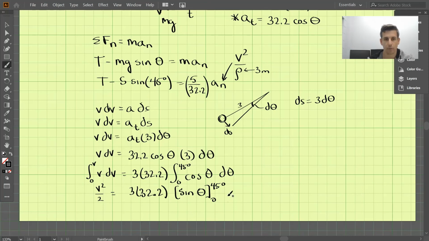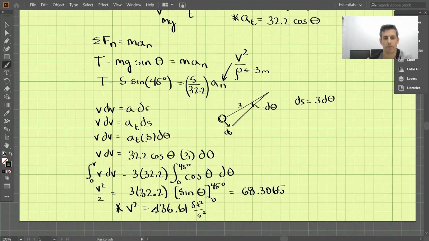And if we plug everything in, this right-hand side then comes out to be 68.3065. And if we solve for v squared now, v squared comes out to be 136.61 feet squared per second squared, right?